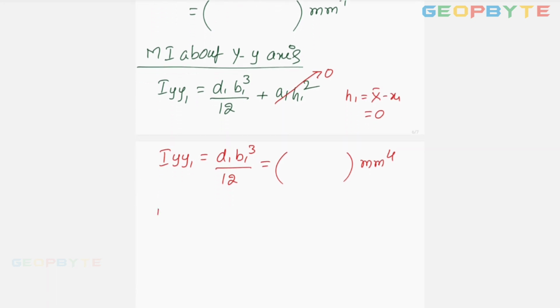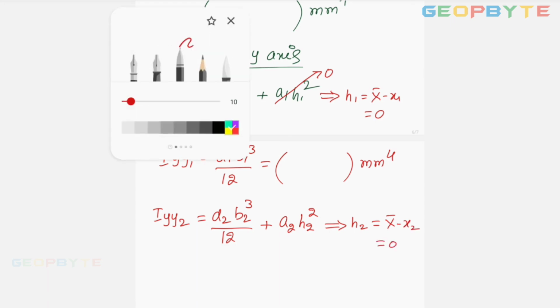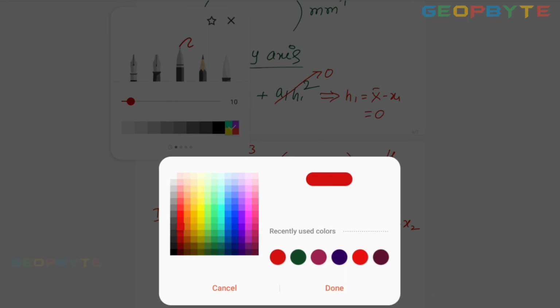Next, similarly, Iyy2 equal to, original formula, d2 b2 cube by 12 plus a2 h2 square. Remember here h2 equal to x bar minus x2. This fellow is becoming 0.